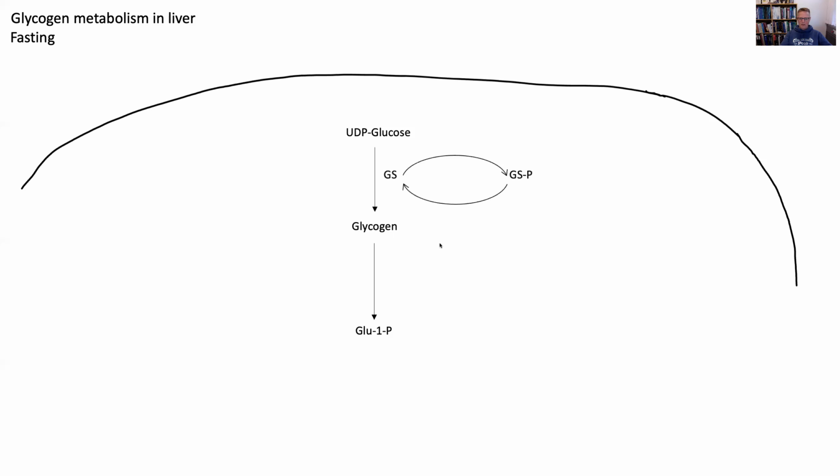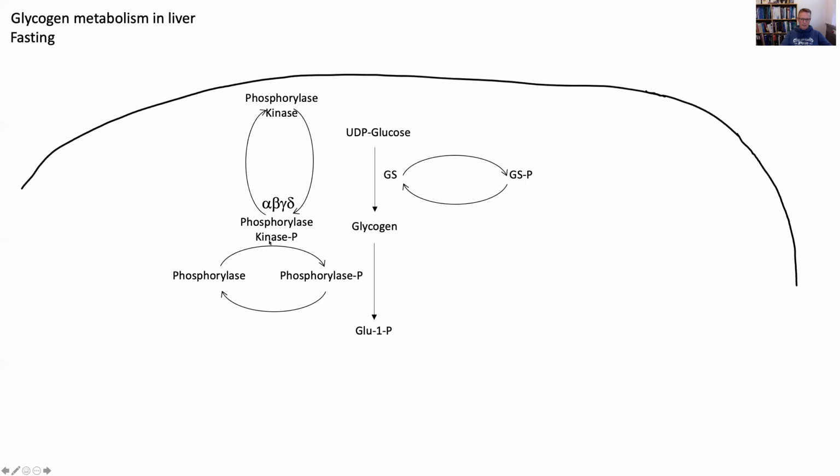We also know that glycogen synthase is phosphorylated and becomes less active. And as with phosphorylase before, phosphorylase can be phosphorylated and become active, and it requires the activity of phosphorylase kinase, which also is activated by, for instance, phosphorylation. So the overall scaffold is more or less the same as we saw before.